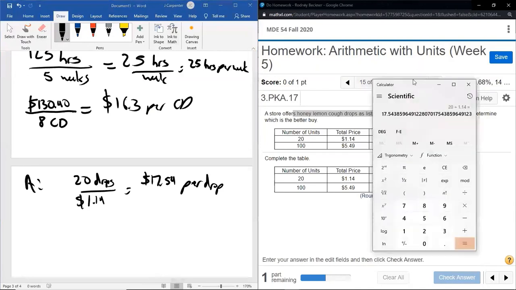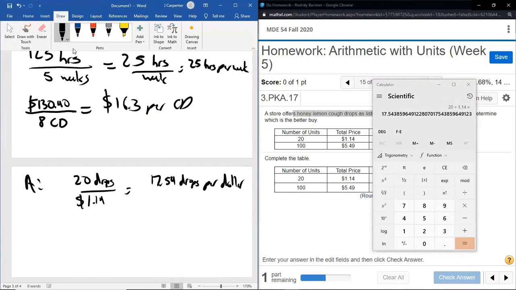Okay, so is that right? 17.54 per drop? No, that doesn't make any sense because this says you got 20 drops for about $1. So this would not make sense. Again, I'm going to erase this whole thing ultimately. But it's not dollars per drop. It's actually, you get 17.54 drops per dollar.